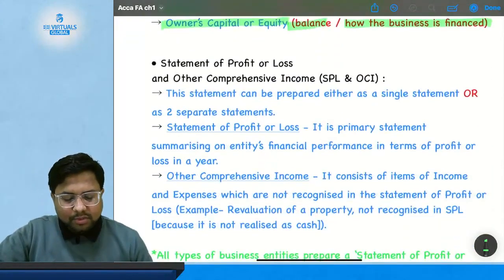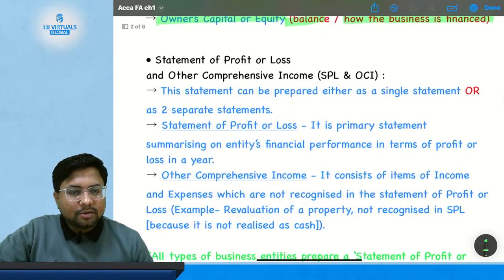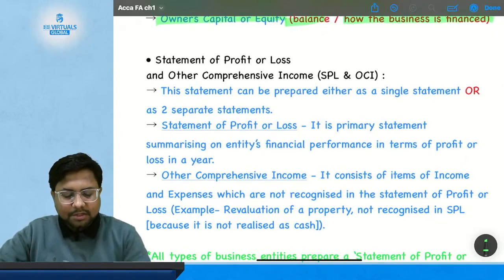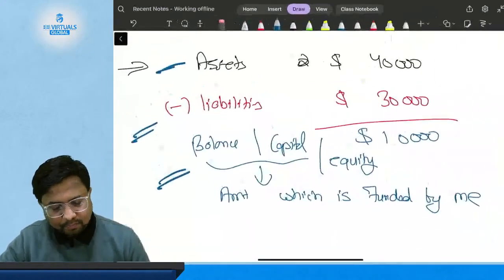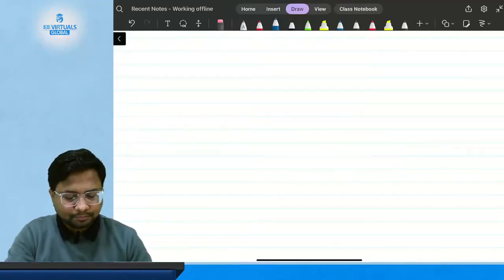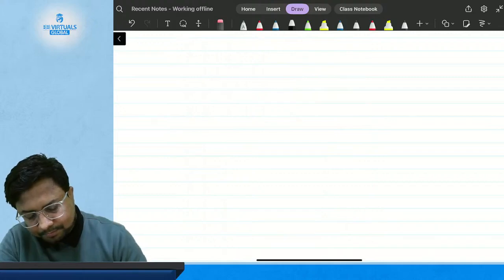Now comes the next statement, that is the statement of profit and loss and other comprehensive items.